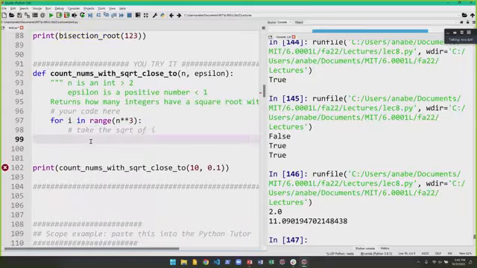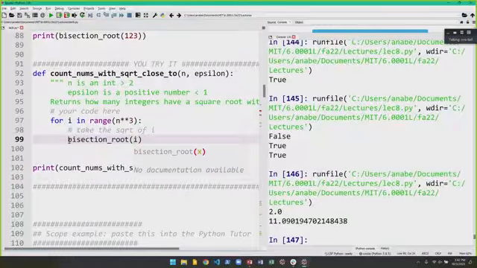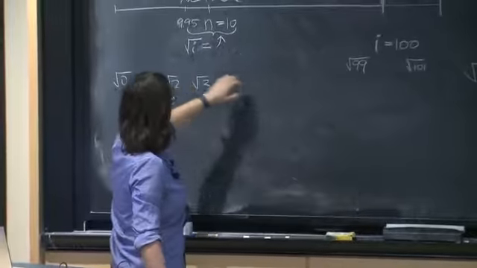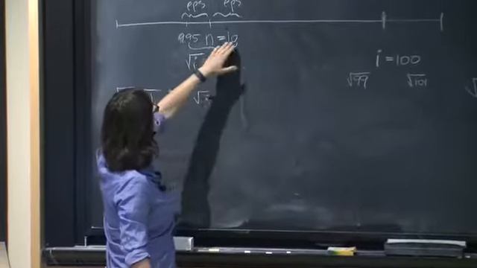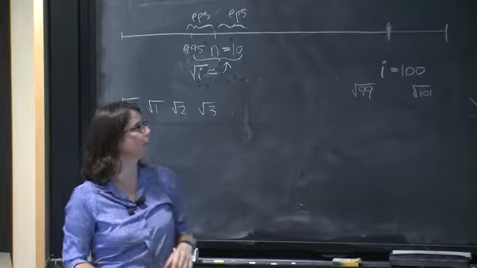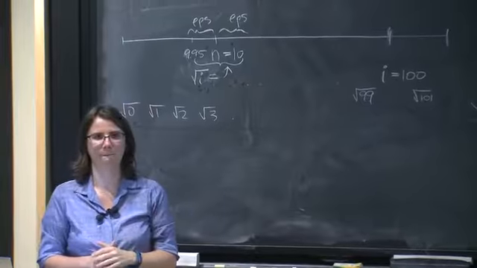So let's use the function we just wrote. So bisection root of i, this gives me sqrt. So now sqrt is going to be some value here, right? It could be 10, it could be 99.5, it could be 99.7. What do I do with this number now?